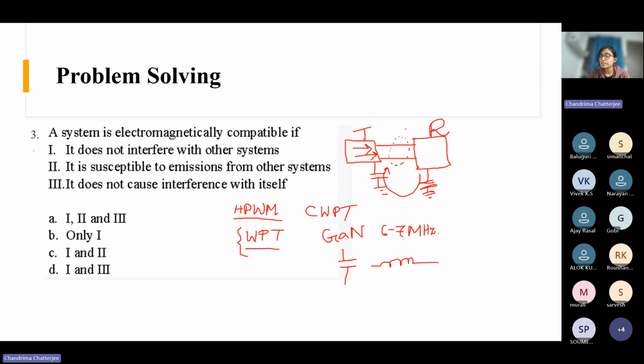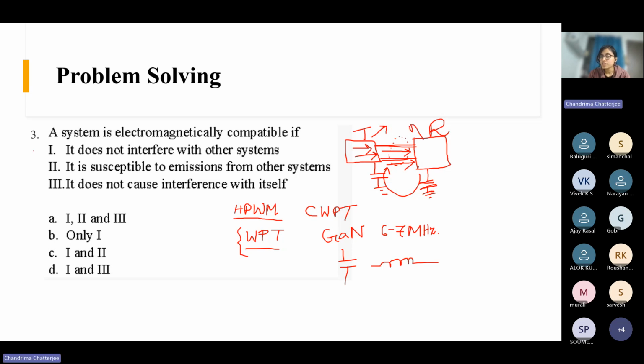And there is also radiated emission. Conducted emission is where the signals flow through the wires of your system, which we can capture. Radiated emission is through radiation.